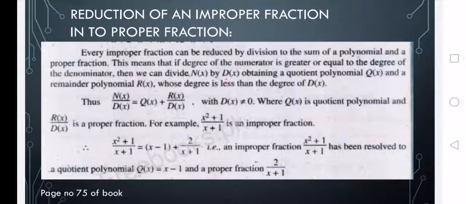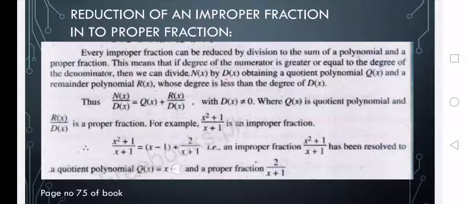And the way we write the resultant fraction after long division is as given here, that is Nx by Dx. Nx stands for the numerator and Dx stands for the denominator, so Nx by Dx is equal to Qx, meaning quotient, and Rx, meaning remainder.